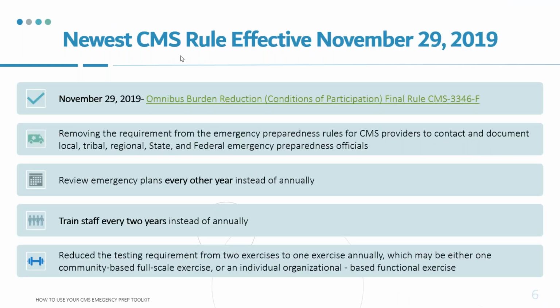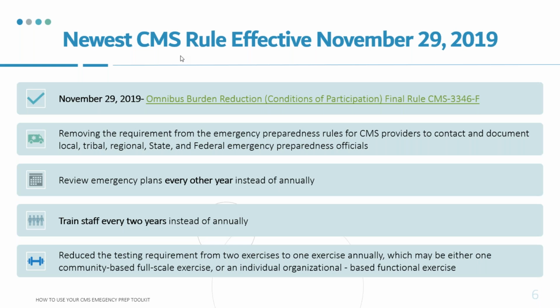Just wanted to say a little bit about the fact that there are a number of new regulations that CMS has introduced. They're either new or they're changed. As of November 29th of this year, so in about a month, several existing regulations are changing. We wanted to give you the highlights, such as removing the requirement for emergency preparedness connection with local, state, regional, and federal emergency management officials.